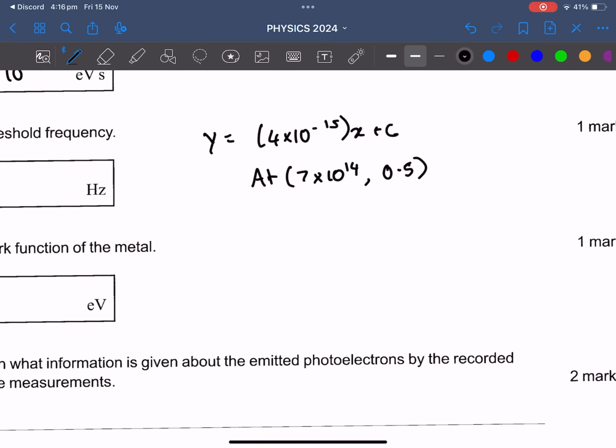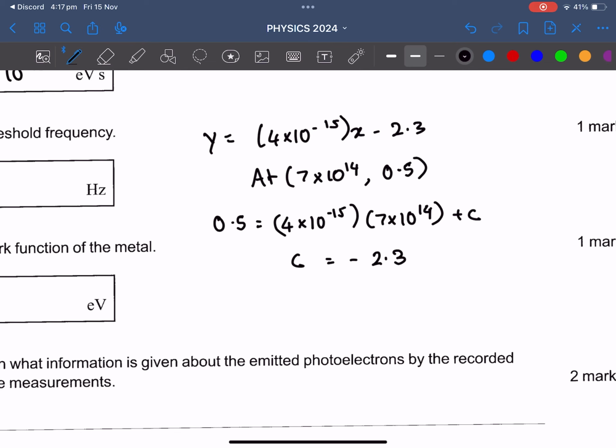So 0.5 equals 4 times 10 to the minus 15 times 7 times 10 to the 14 plus c. So c would be 0.5 minus 2.8, which is minus 2.3. So our equation would become minus 2.3 here.